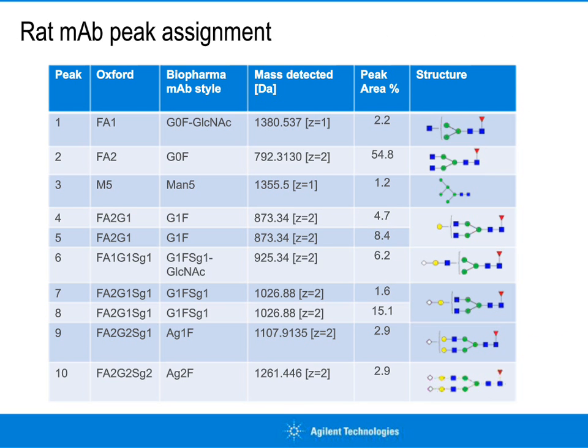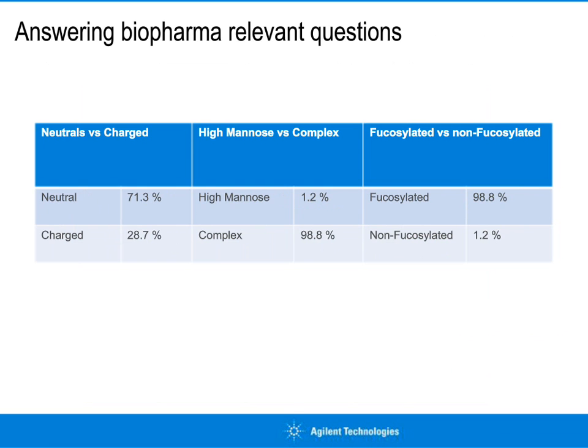These answers are also summarized in this table. After identification and relative quantification, we are able to compare the amounts of neutral glycans versus charged glycans, high mannose versus complex glycans, and fucosylated versus non-fucosylated glycans.